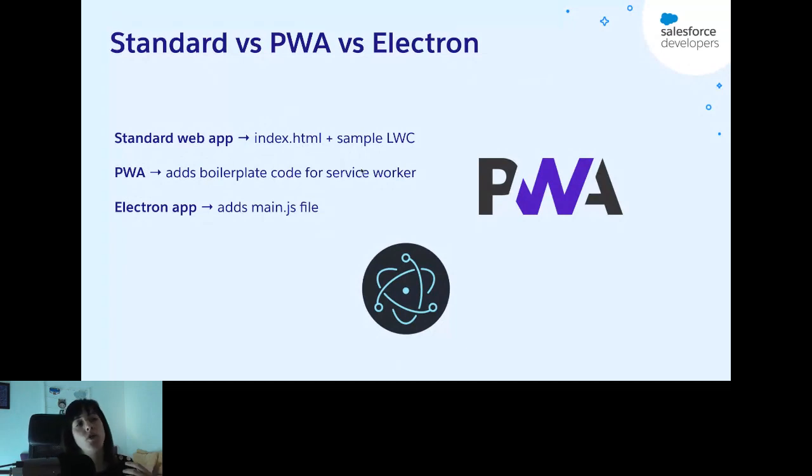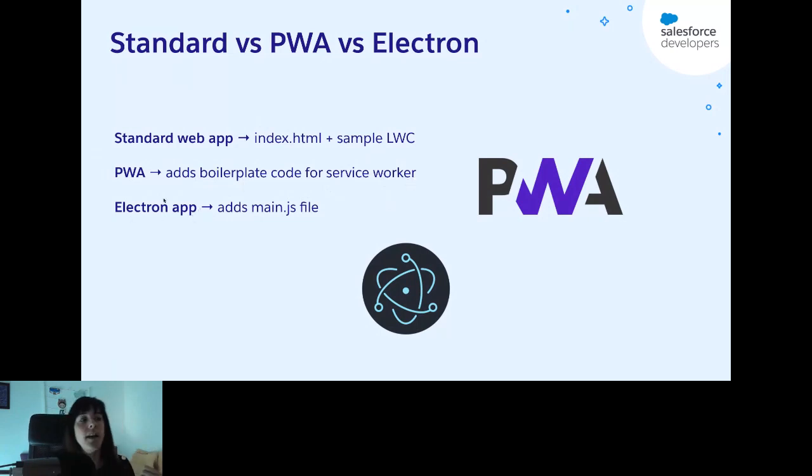Normally for these applications, to implement offline management, something called service workers is used. And if you pick this option, the create-lwc-app tool is going to create the boilerplate code to create a service worker. So that's going to be a good start for you.